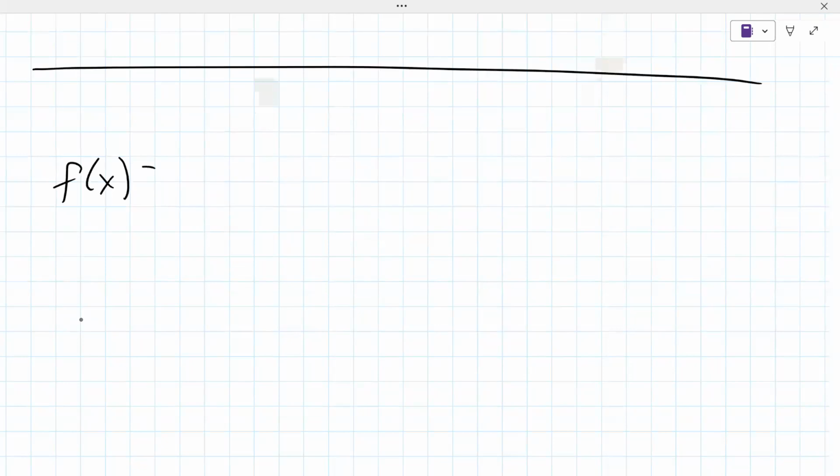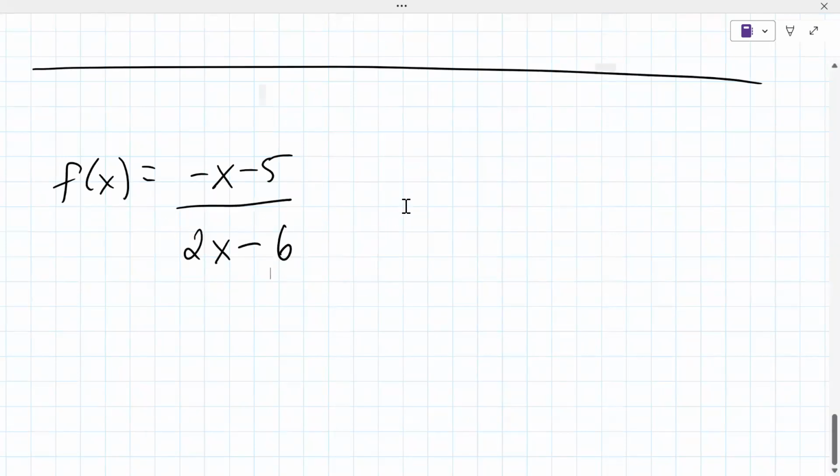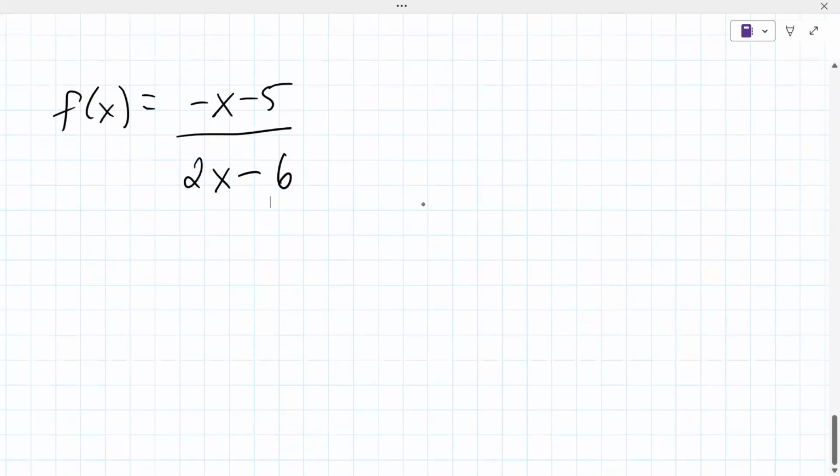f of x equals minus x minus 5 over 2x minus 6. Okay, let's start by having you find the vertical asymptote, please.